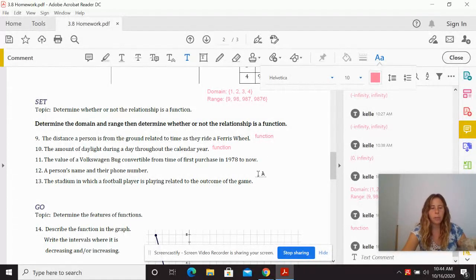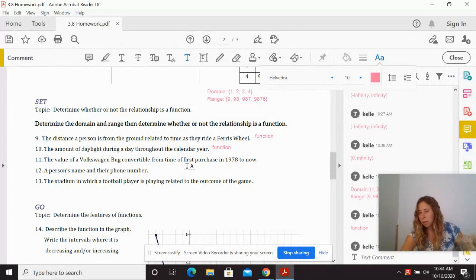The value of a Volkswagen Bug convertible from time of purchase in 1978 until now. Okay, so that is also going to be a function. The value is going... what would it be going at? Are those really popular?